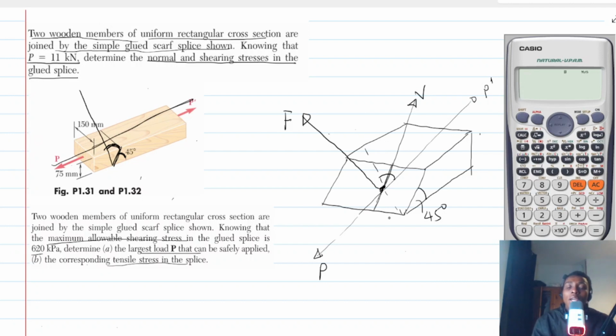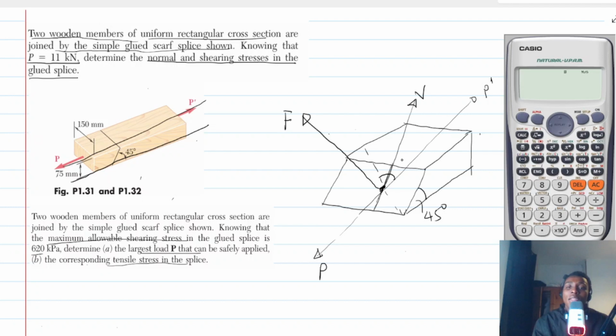All right, so think about it this way. This is our P, and this P is the axis which is passing through the body, okay? So the angle between P and the shear force is the same as the angle of the cut.